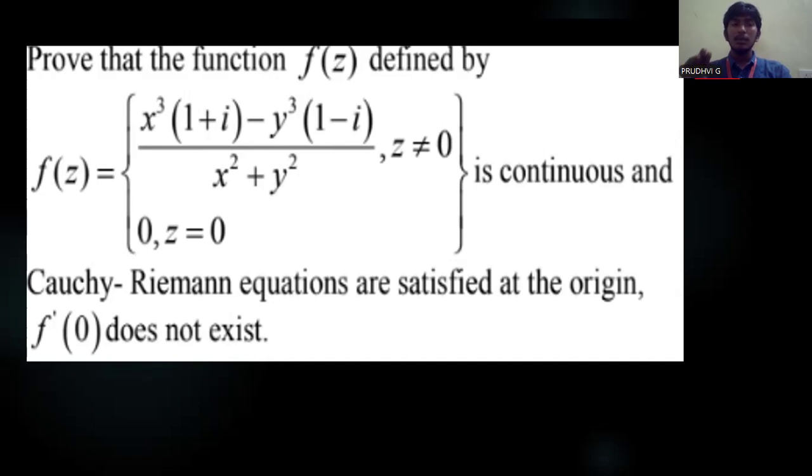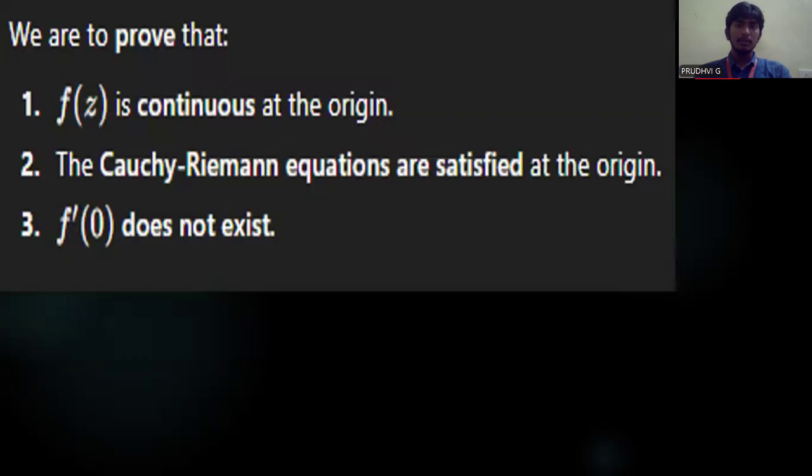And we have three cases here: to check its continuity, whether it satisfies the Cauchy-Riemann equations at the origin, and that the first order differentiation with the limit as z tends to 0 does not exist. We need to check all these three, one by one.